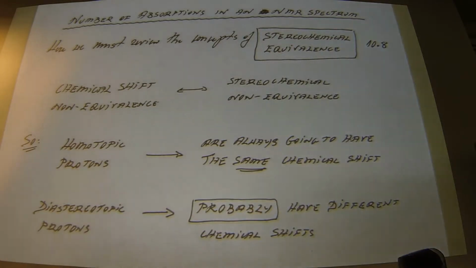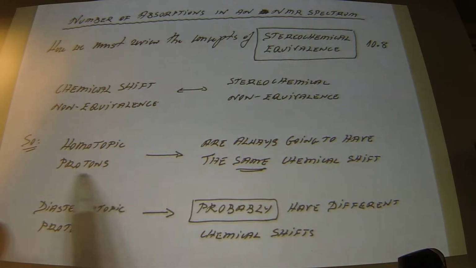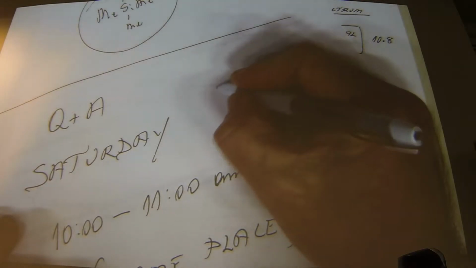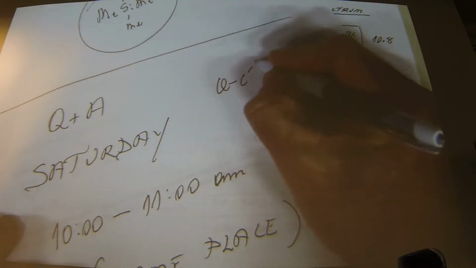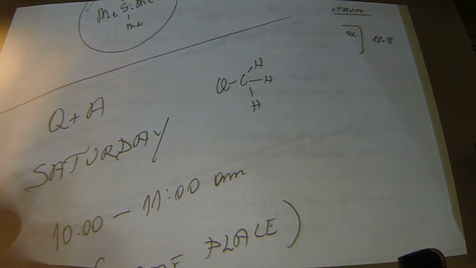If you have homotopic protons, those are always going to be under the same peak. Homotopic protons are always chemically equivalent, stereochemically equivalent, and chemical shift equivalent. So homotopic you don't have to worry about. What does that really mean in real life? Well, if I have methyl chloride, these protons are all homotopic, and so they appear under the same peak.